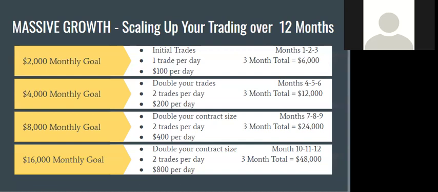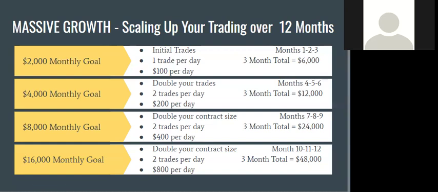Now, the last 3 months, month 10, 11, and 12, for these 3 months, you're going to double your contract size again, because by now you've built up equity in your account. You should have a cushion. And it doesn't matter if you're trading a live account or if you're trading a funded account.